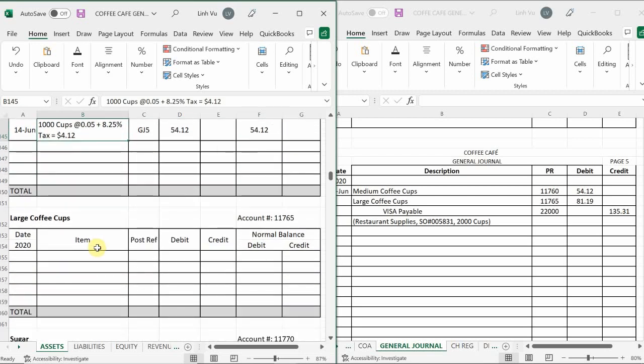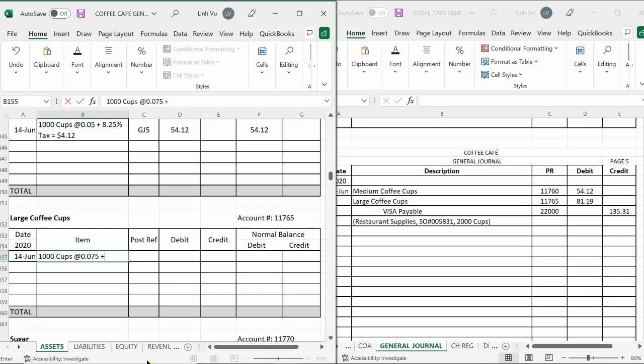Okay. All right, and then what about my large coffee cups? I purchased 1,000 large cups at 0.75 cents each cup.